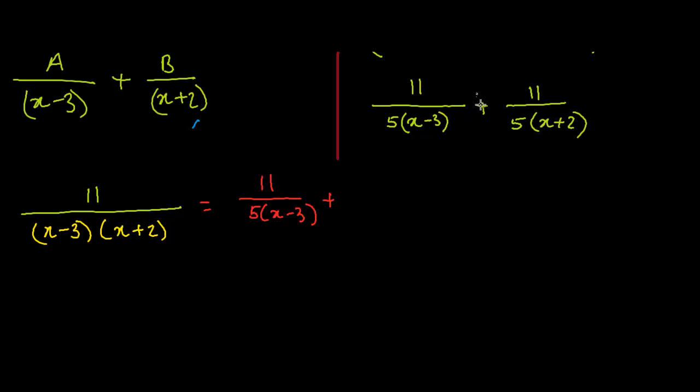I made another mistake here. I always mess up the pluses and the minuses. Okay. So, minus 11 over 5 x plus 2. And that, my friend, is your answer. Okay? That's really a basic sum for partial fractions.